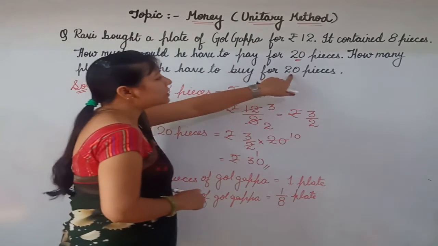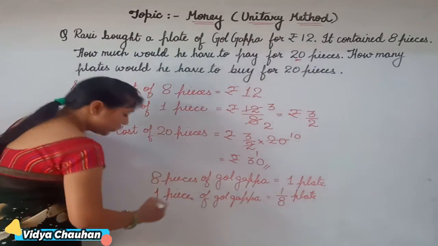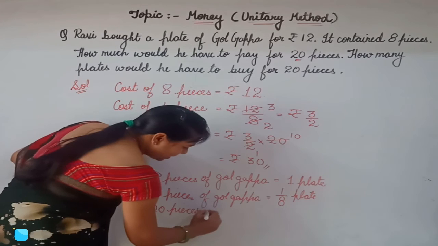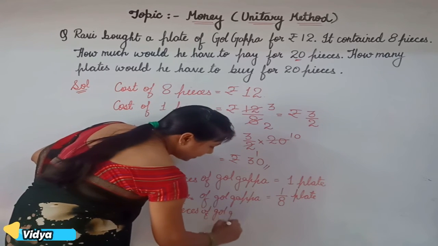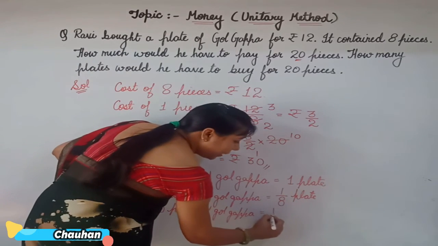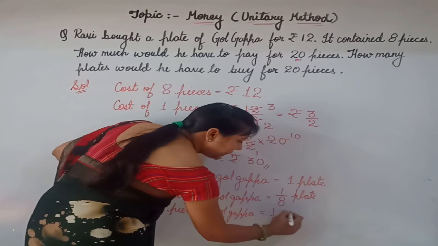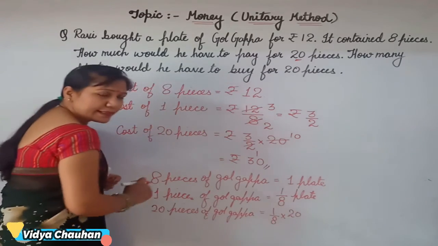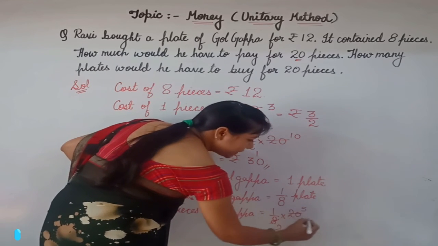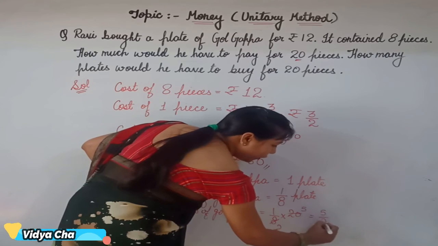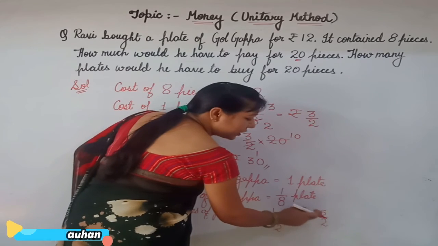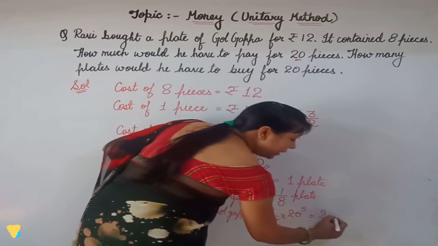Now since he has to purchase 20 pieces, what will be the plates for 20 pieces? So 20 pieces of Golgappa will be equal to 1/8 multiplied by 20. Let us simplify the term here. 4 2s are 4 5s are. So the value becomes 5/2. Since the fraction is an improper fraction, let's convert this into a mixed fraction.